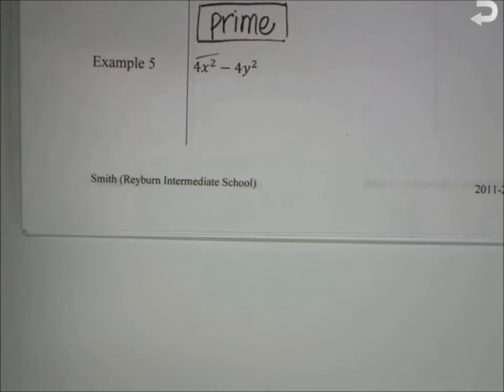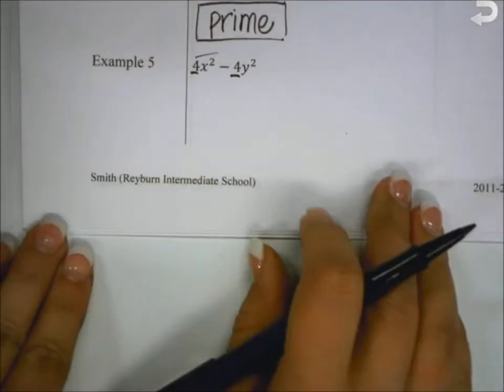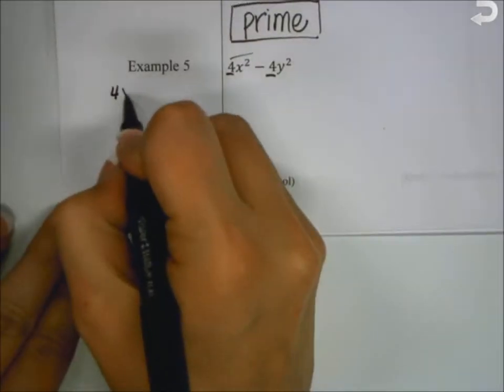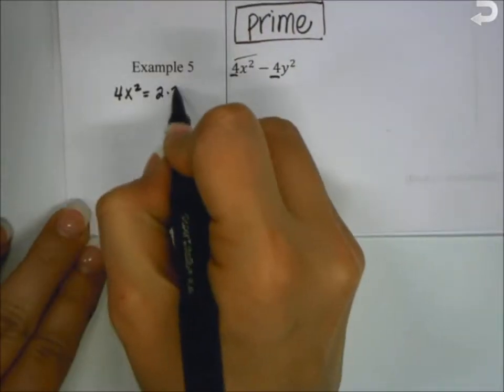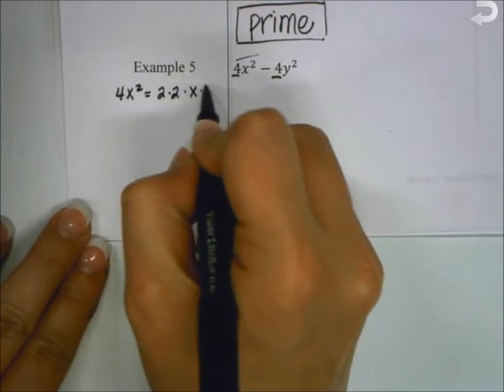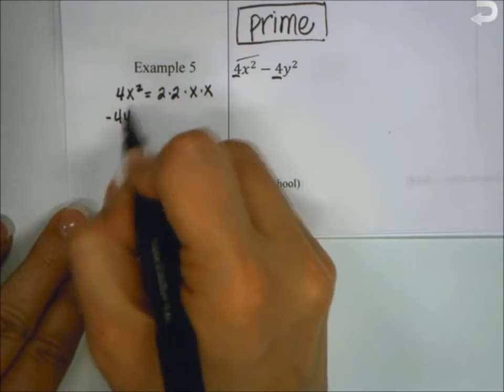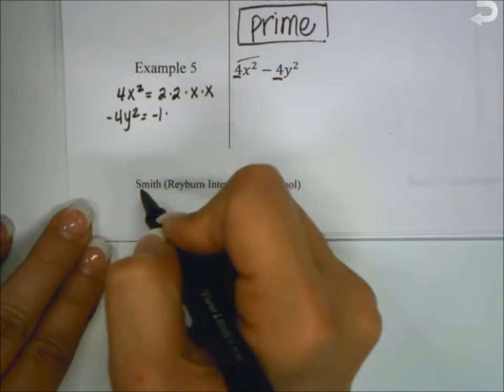We can read 4x squared as what? 2 times 2 times x times x. What about negative 4y squared? Negative 1 times 2 times 2 times y times y. So what would the GCF be? 2 and 2.